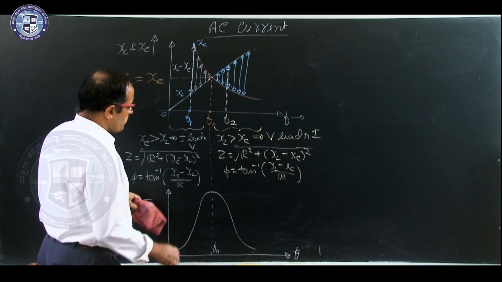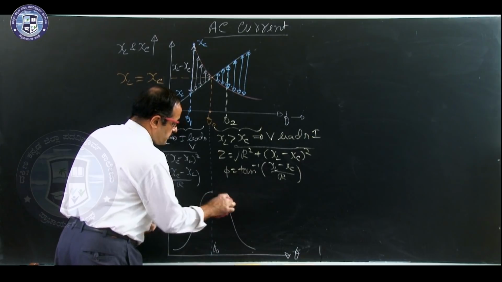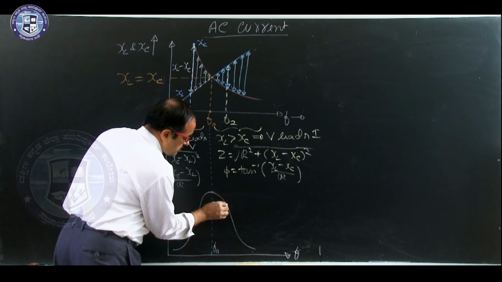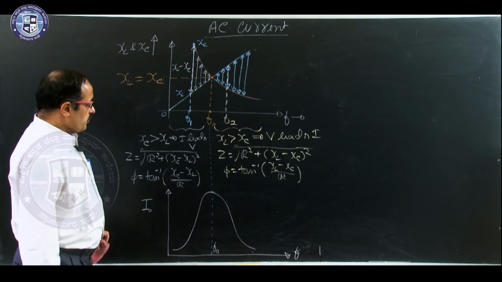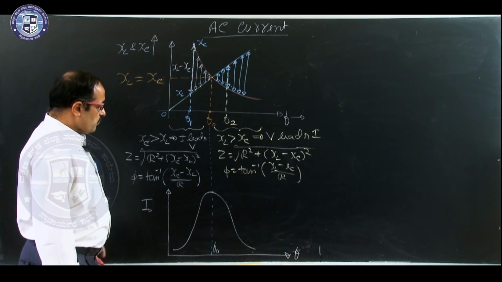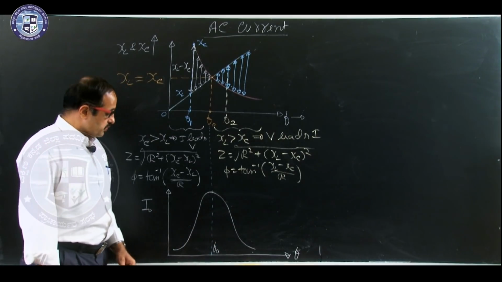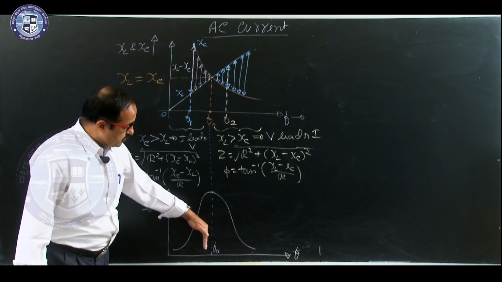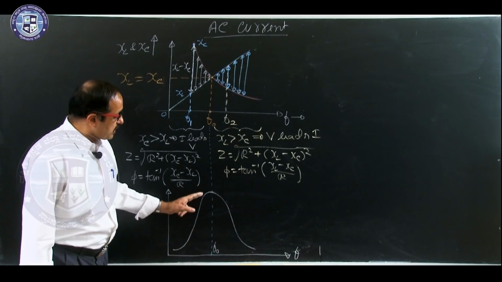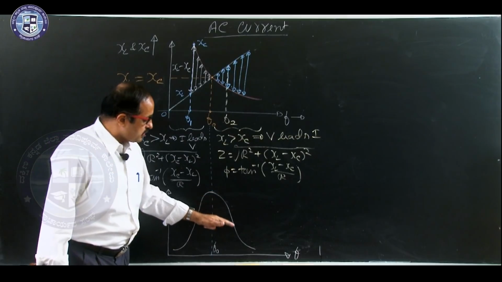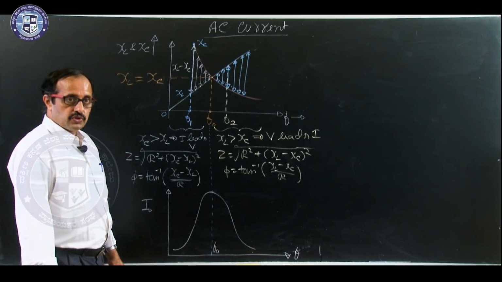So it is the shape of the graph. It is known as variation of current with the frequency for the LCR circuit. So up to resonant frequency, current goes on increasing, and beyond resonant frequency, again current goes on decreasing.